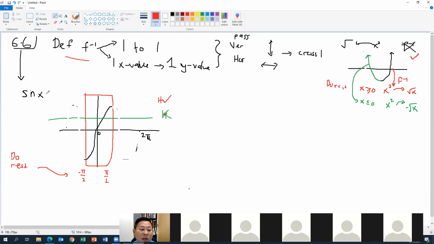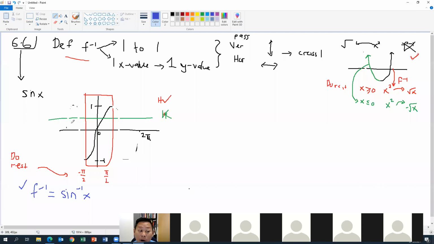And the range is still from 1 to negative 1. So if you restrict the domain to negative pi over 2 to pi over 2, then we have what we call an inverse function. And the inverse function for sine is sine inverse of x, sine minus 1 of x. Okay.